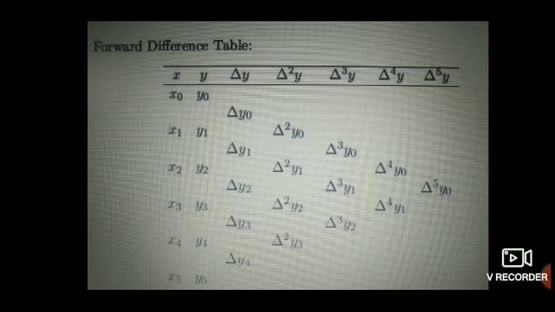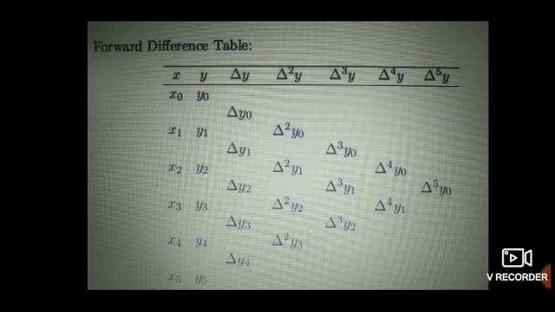So in the third column we write the difference, that is y1 minus y0, which we denote as delta y0. Here in this picture it is written in the middle of y1 and y0, in the third column. That shows it is the difference between y1 and y0.